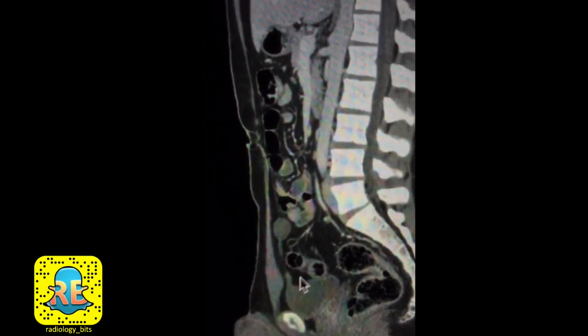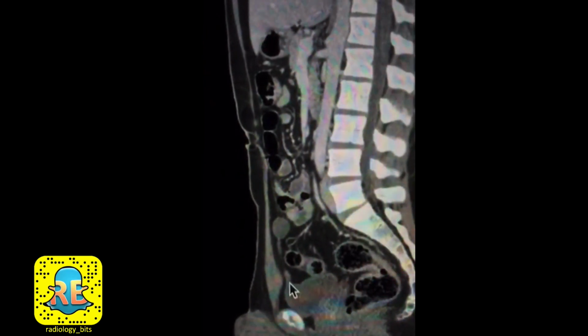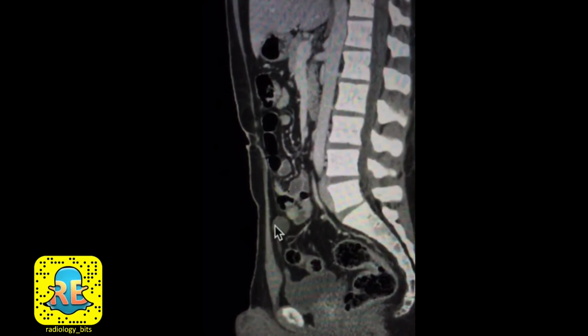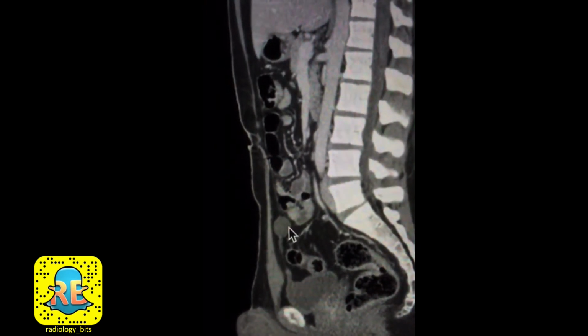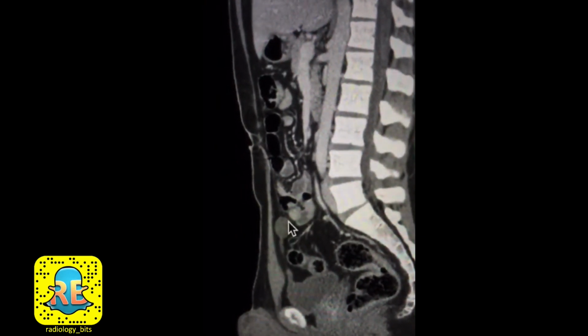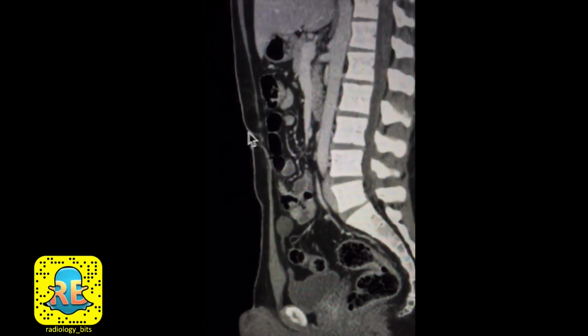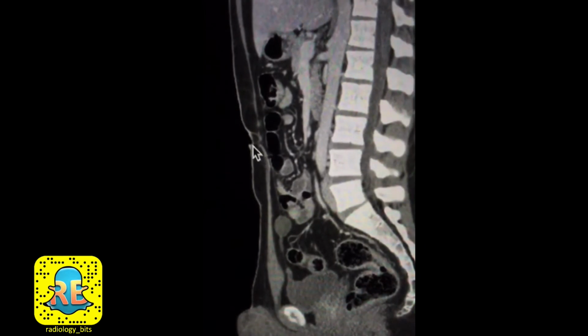You could see here the urinary bladder that's filled with fluid has a linear-like connection to the cystic abnormality that resides anteriorly within the abdominopelvic area, and then continues with this linear connection going all the way up to this location here. This here is the umbilicus.